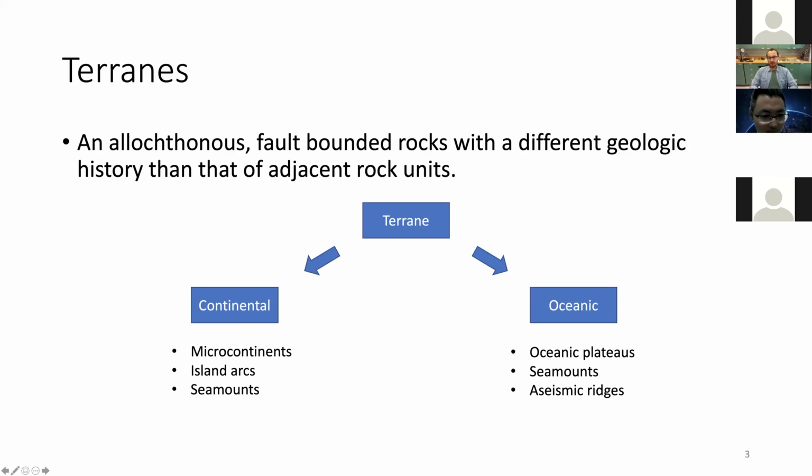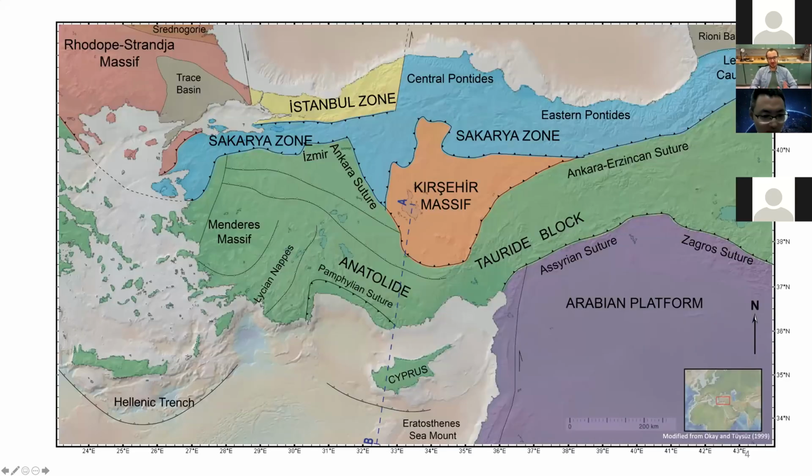So again, let's start with geology. I love geology, and I like numerical modeling too, but this is the main concern of ours. What you see here is a mosaic of terranes. This is a map from the Eastern Mediterranean region, and all these different colors represent different terranes, which came together by the end of the subduction process.